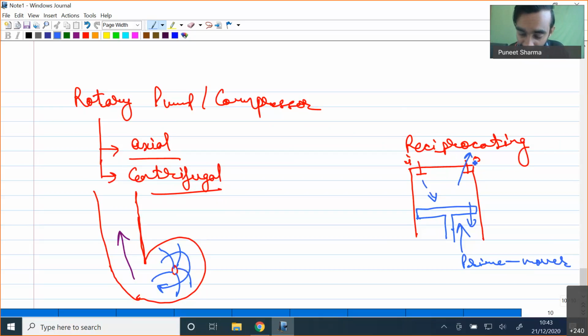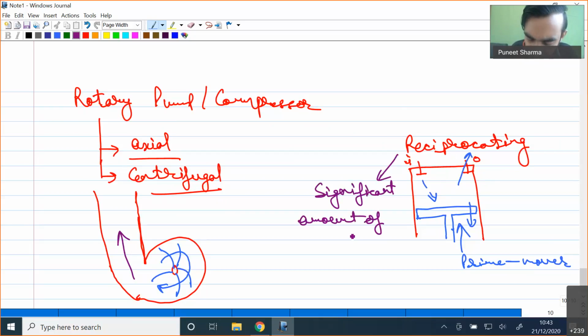In this type of reciprocating device, a significant amount of heat is generated, so we have to remove that heat. For removing it there are two types of arrangement.